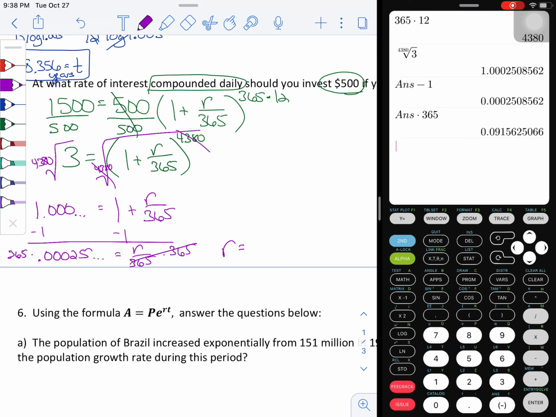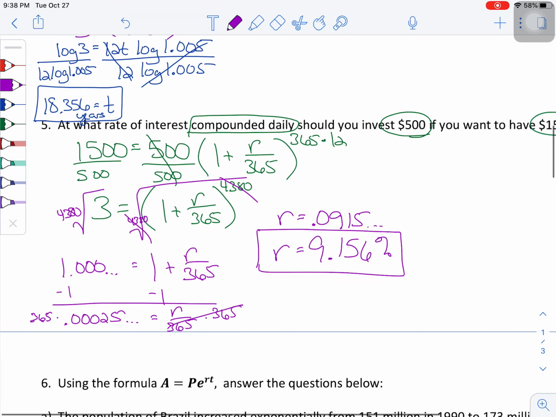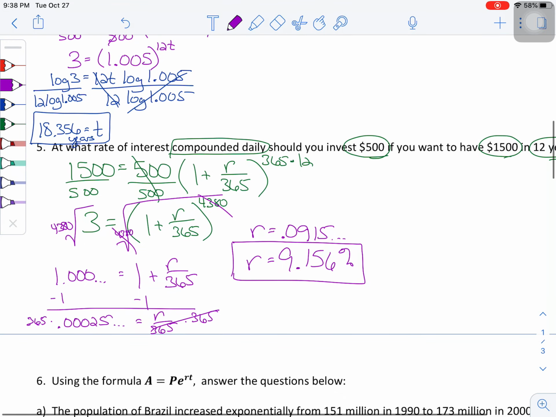Now this rate's nice, but I need to remember that it is currently a decimal value, not a percentage. So I want to convert to a percent by multiplying by 100. So my rate is going to be 9.156%.